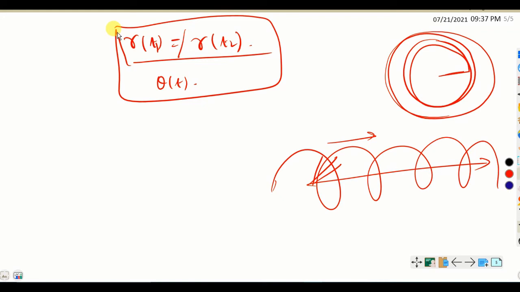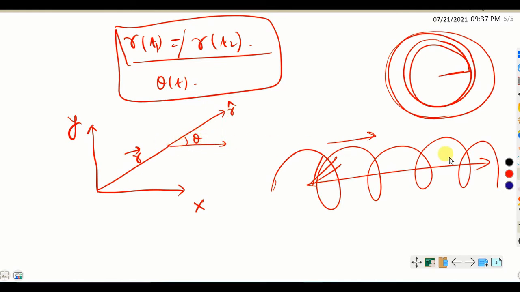So to solve these kinds of equations, what kind of coordinate system can we take? Suppose we have a coordinate system x and y, and some particle is at distance r vector, or let's say r hat in this direction, making an angle theta with x hat, and y hat is this one.